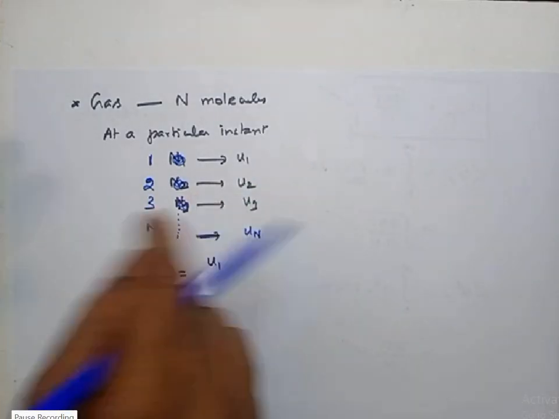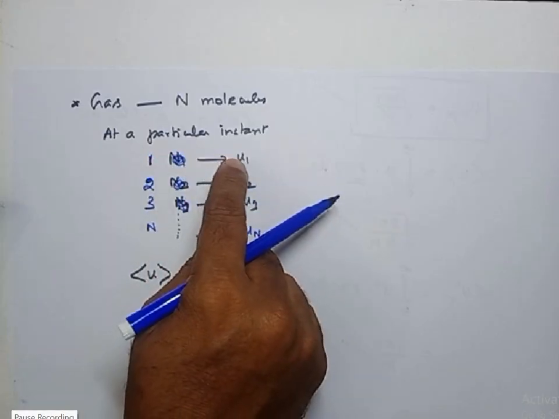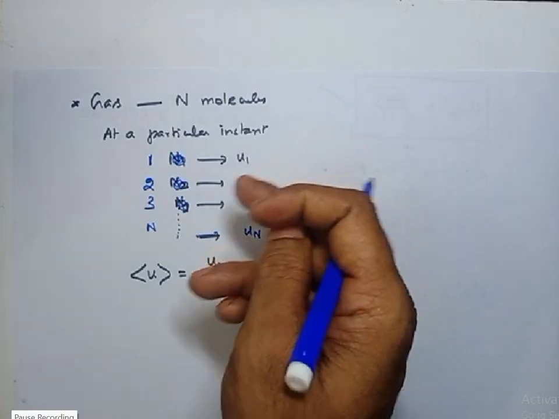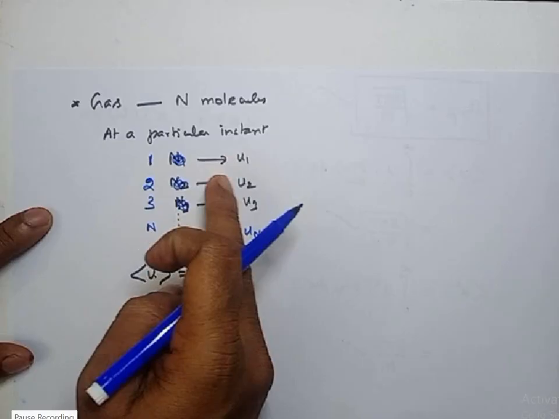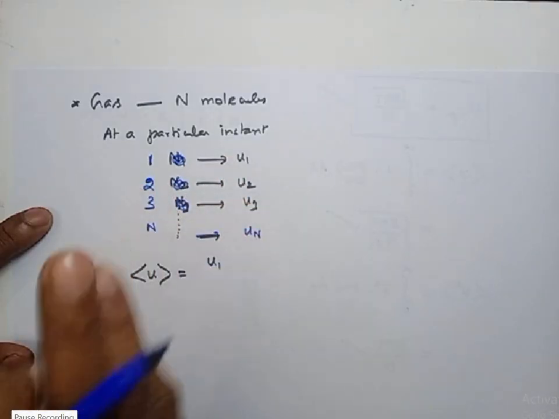I have told you, because of collision, molecule 1 has some velocity u1 at a particular instant, and in the next instant it will change. So at a particular instant, this is the velocity of molecule 1, molecule 2, molecule 3, and molecule n.